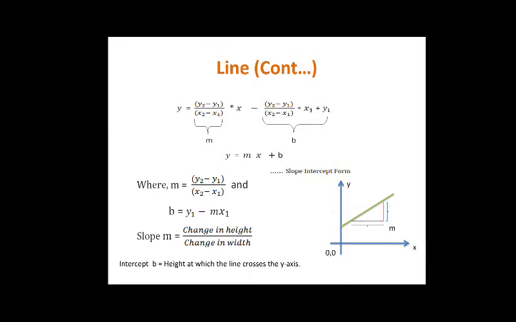This is called the slope, the change in height divided by the change in width, and the intercept is nothing but this distance, that is the height at which the line crosses the y axis. So this is called the intercept. These are very important concepts when we move towards the DDA and Bresenham's line drawing algorithm. Okay, so this is all about the slope intercept form.